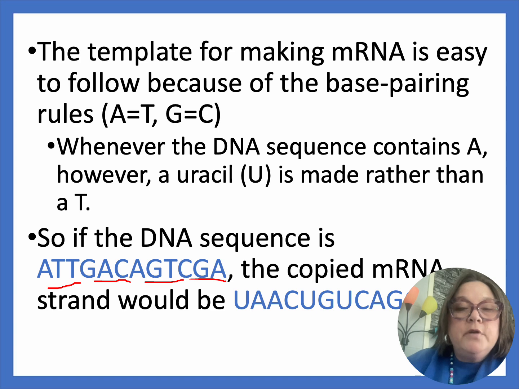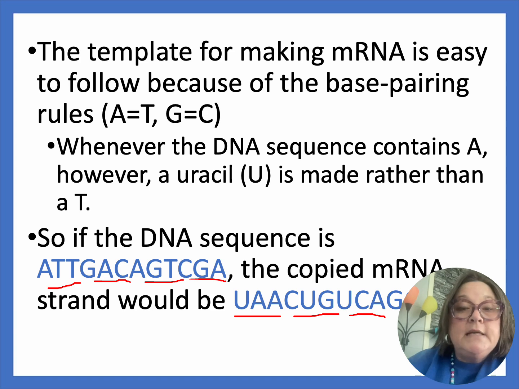So you would have UAA, because that matches up with the ATT. And then you would have CUG, because that matches up with your GAC. And then I'm going to have to figure this out because I can't see it all on my end. So you have UCA. So UCA goes right there. And then I can't see because it's behind my head.